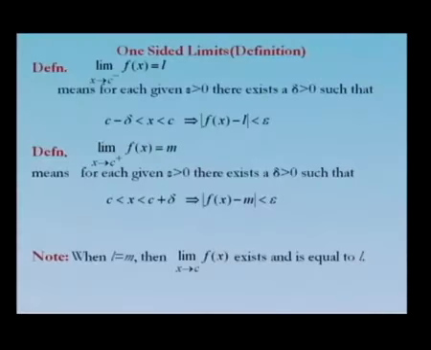Similarly, we can define the right hand limit of f(x) at the point c. So we denote it as limit x tends to c plus f(x) equals m. It means that for each given epsilon greater than 0, there exists a delta greater than 0 such that c is less than x is less than c plus delta, implies mod f(x) minus m is less than epsilon. Now if the left hand limit and right hand limit both are equal, then the limit x tends to c f(x) exists and its common value is L.